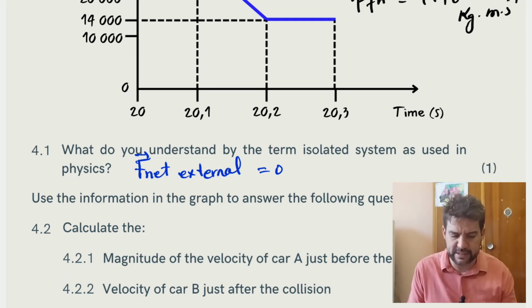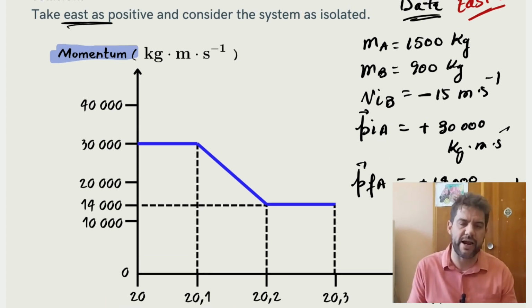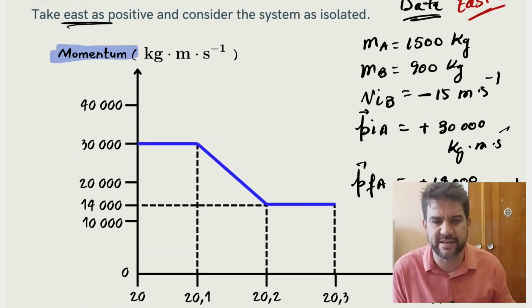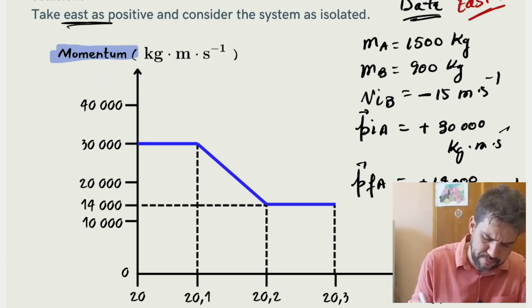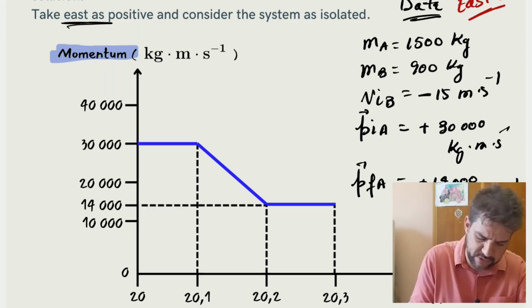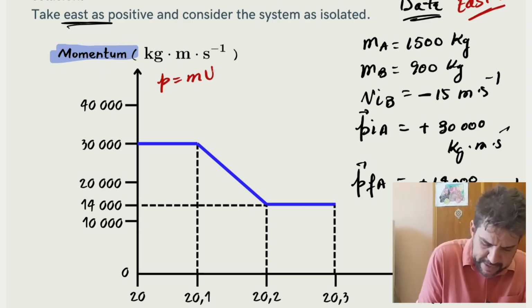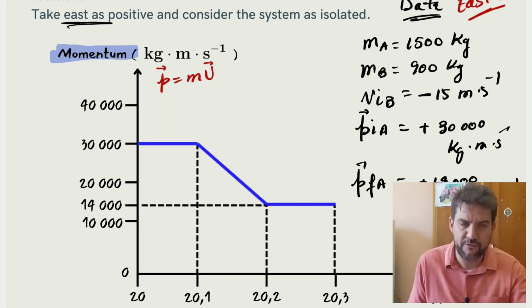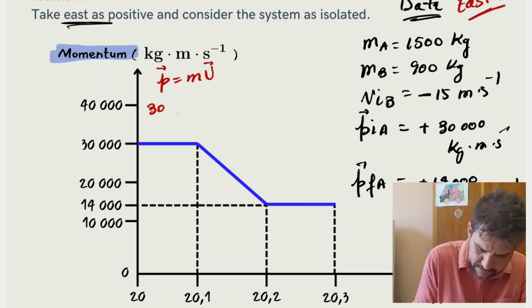Guys, that is momentum. You're looking for the velocity of car A just before it hit car B. All right, so it's the initial velocity. So from here, I don't even have to go to a new page. It's quite simple. P is equal to mass multiplied by V. For car A, we're working with car A. P is 30,000. The mass is 1,500.